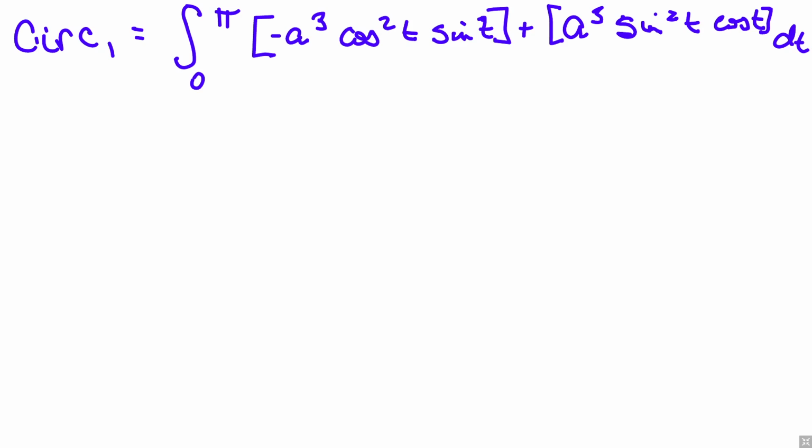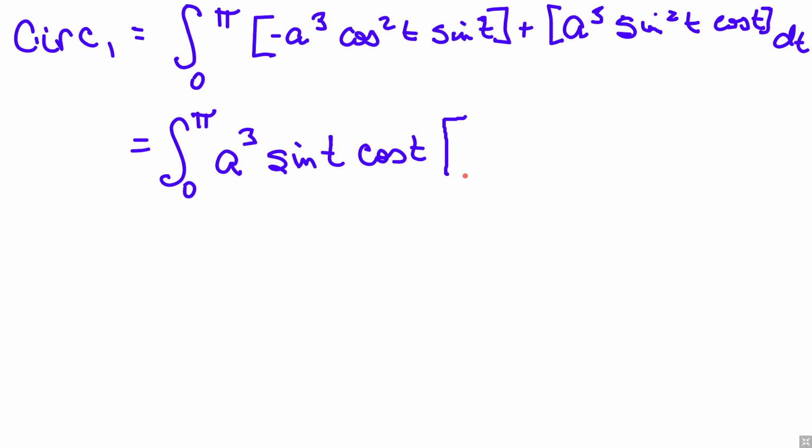So basically what we need to do is simplify this. If we take a look at this, we realize that we can factor out a cubed sine t cosine t, and then we're left with negative cosine t... hold on, I'm making this way too hard.